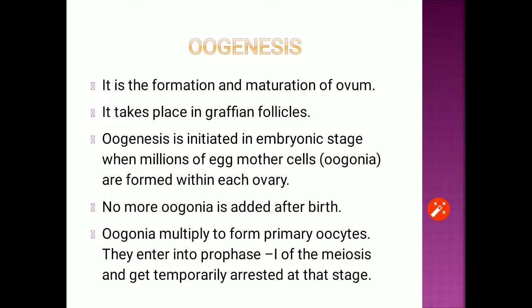Oogonia multiply to form primary oocytes. They enter into prophase 1 of meiosis and get temporarily arrested at that stage. That means no more division will take place and it will remain in this stage till the further process occurs.